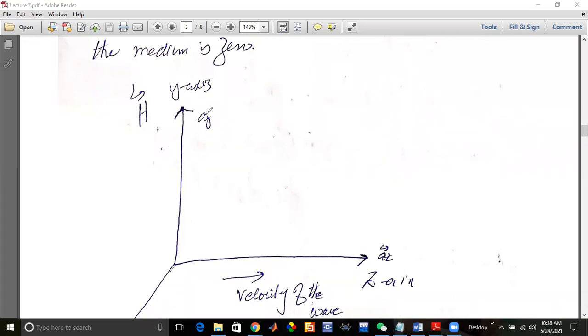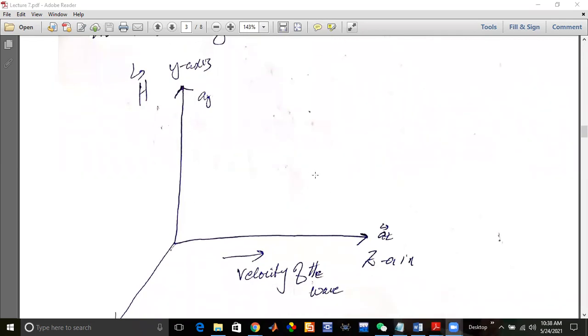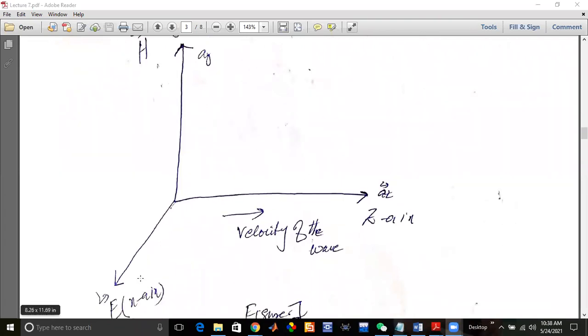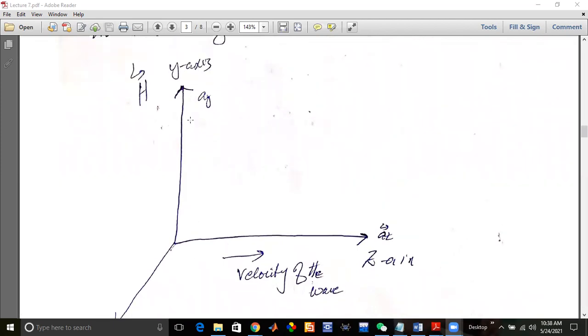AX, AY, and AZ are unit vectors. AX is the unit vector along the x-axis, AY is the unit vector along the y-axis, and AZ is the unit vector along the z direction. This is called the unit vector in rectangular coordinates.